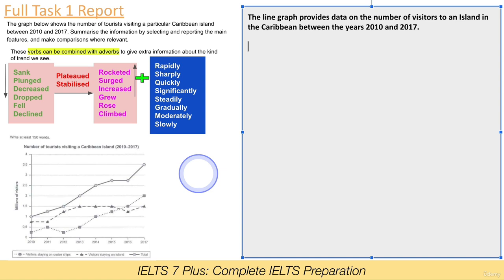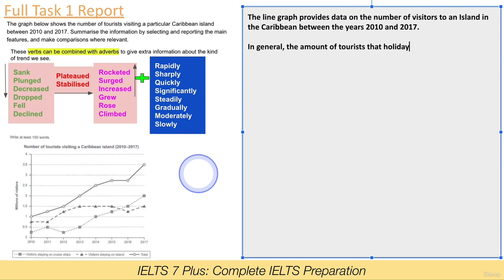Okay, so now we want to make our overview, which we planned in the notes, and you'll have the notes there to help you. So we can start by saying something like in general or on the whole. In general, the amount of tourists increased generally.